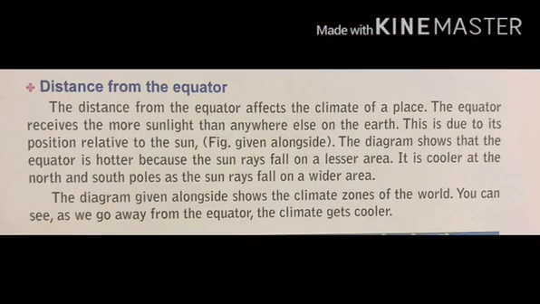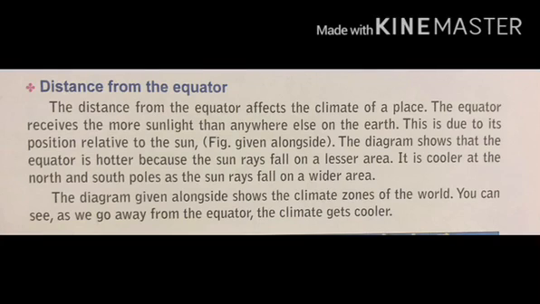Now the next factor affecting climate is the distance from the equator. The distance from the equator affects the climate of a place. The equator receives more sunlight than anywhere else on the earth. This is due to its position relative to the sun. The diagram shows that the equator is hotter because the sun's rays fall on a lesser area.